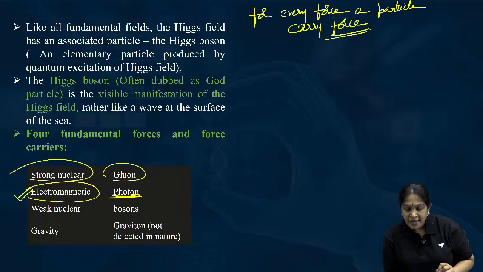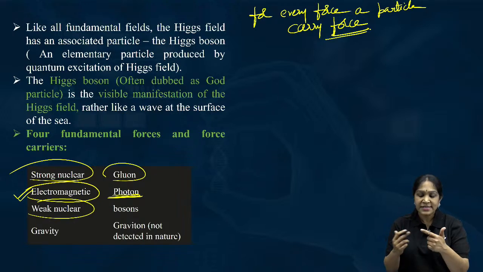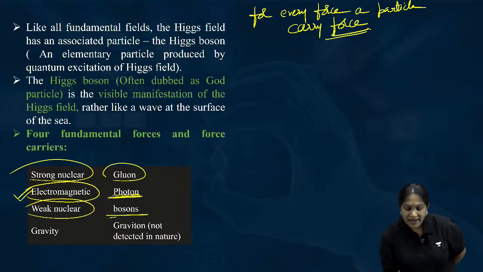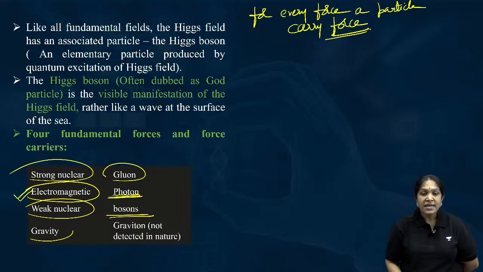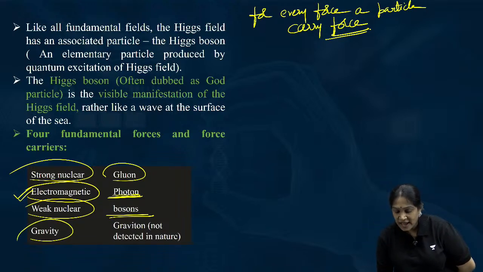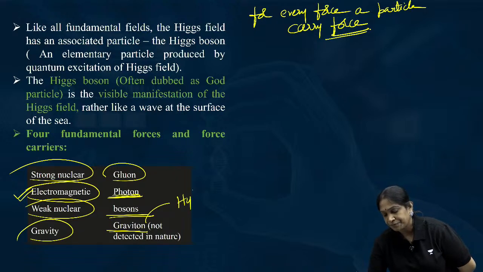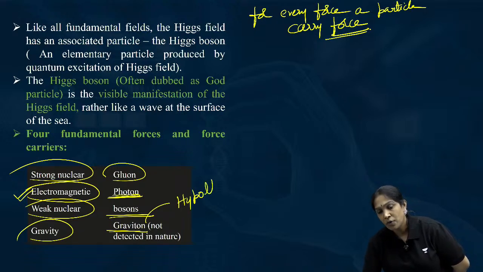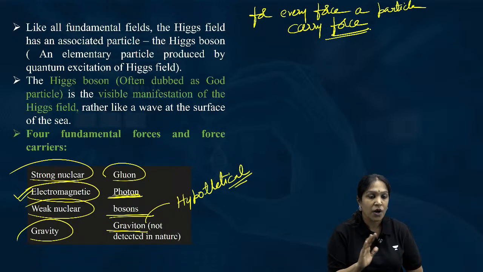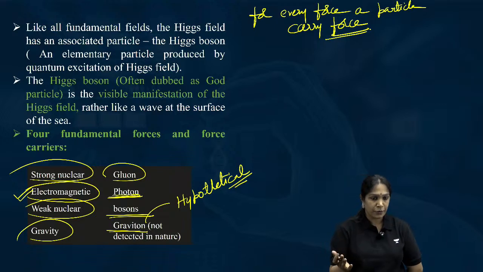Same way, weak nuclear force, the force carrier is a boson. Gravitational force, the particle that carries it is called graviton, but this is hypothetical. We do not know whether a graviton exists or not. Is it clear?